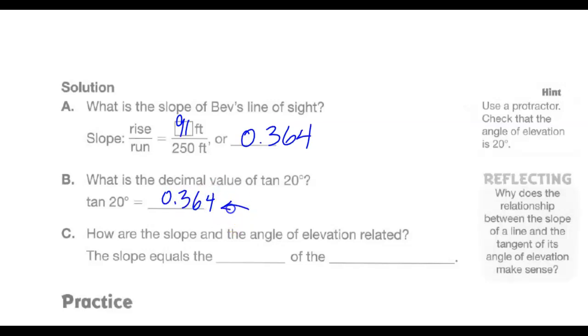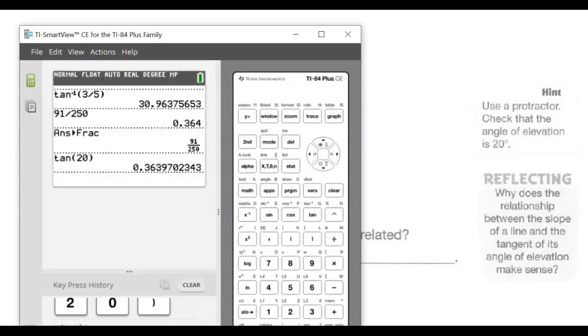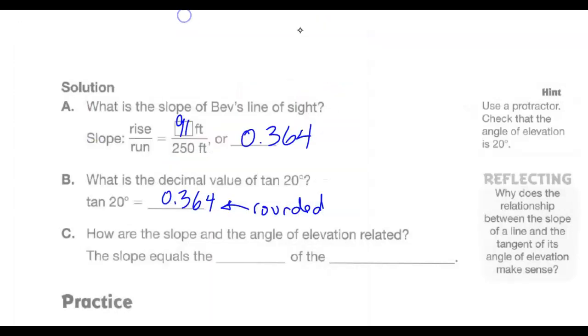Okay, so this is a rounded value, and the previous one is exact to that decimal place, but basically the slope of the line of sight, the string, is the same as the value of tan of 20 degrees. So how are the slope and the angle of elevation related?